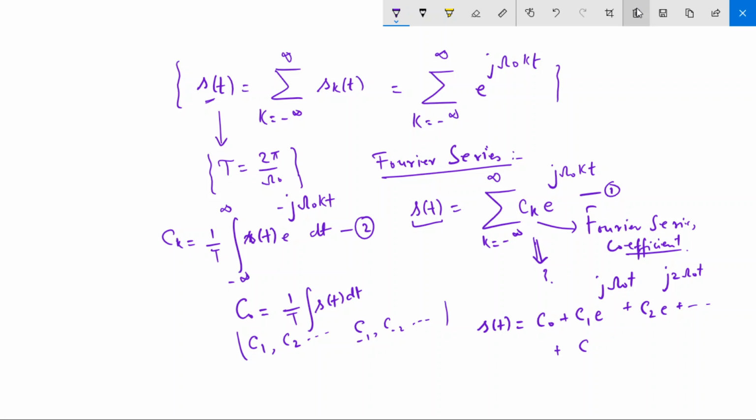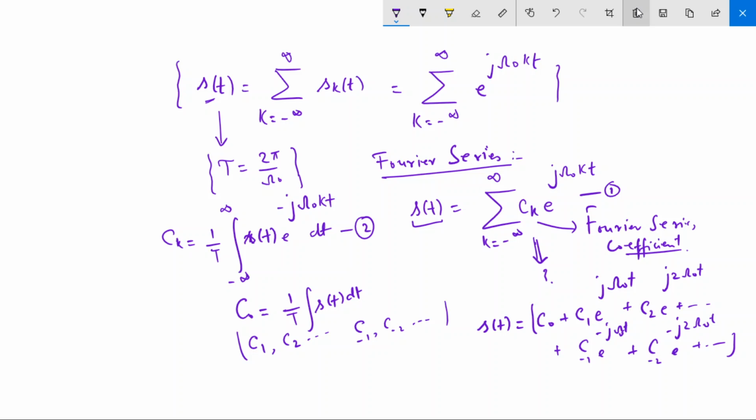Similarly, C minus 1 e raised to power minus j omega naught t plus C minus 2 e raised to power minus j 2 omega naught t, and so on. When you decompose the signal in terms of complex exponentials only, this series is called the Fourier series.